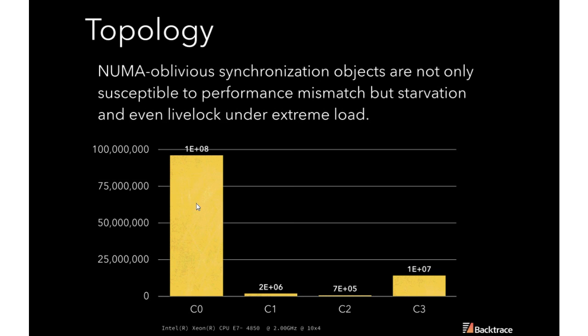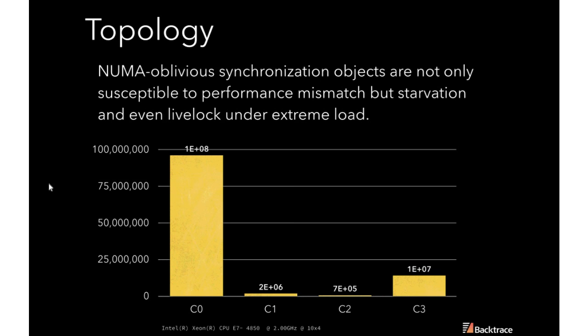In this particular example, we have a bunch of threads executing on an Intel processor. Each thread is pinned to a separate core with a tight loop doing lock acquisition. This is a very simple exchange-based lock, so it's bare bones. And you can see there is a huge trade-off as far as fairness is concerned. Some of these cores are just significantly underserved.